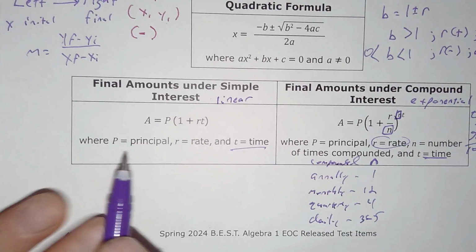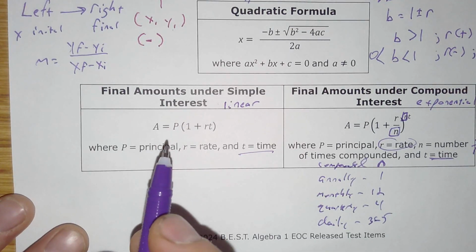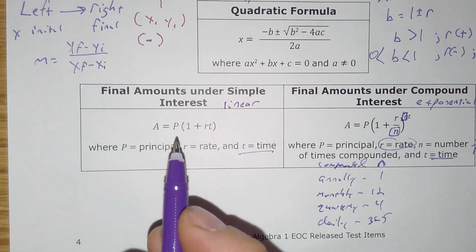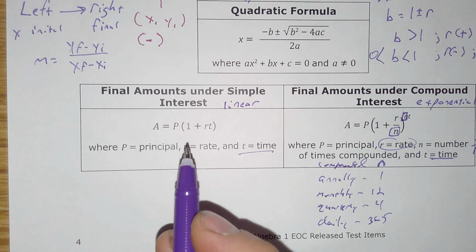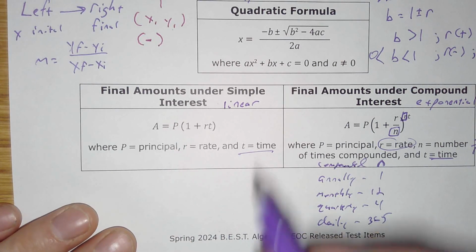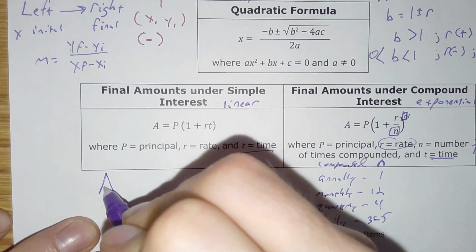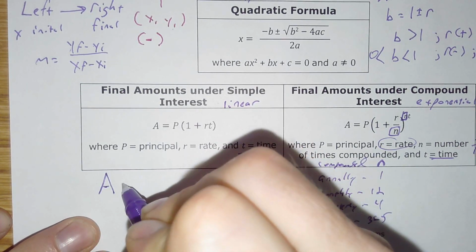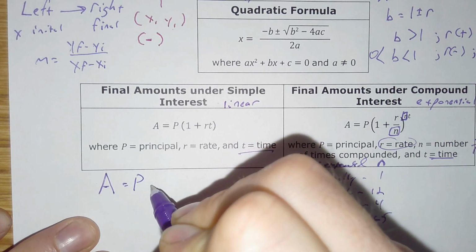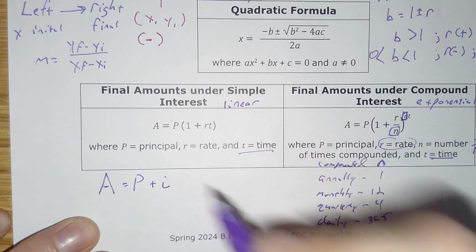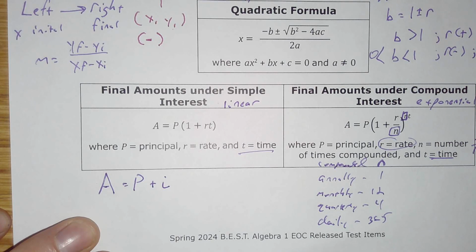Over here, rearranging this or having different forms of this linear equation is very helpful to have, right? So the amount of money you have when it's all said and done is equal to the principal plus the interest that it made, right?